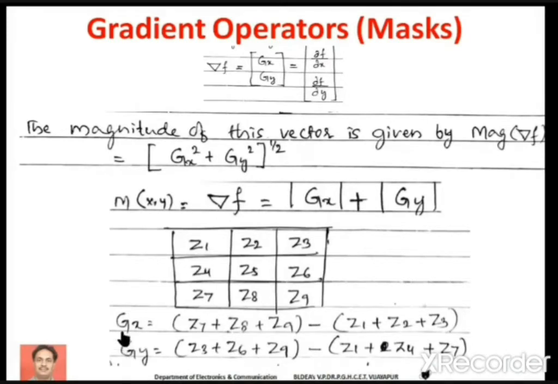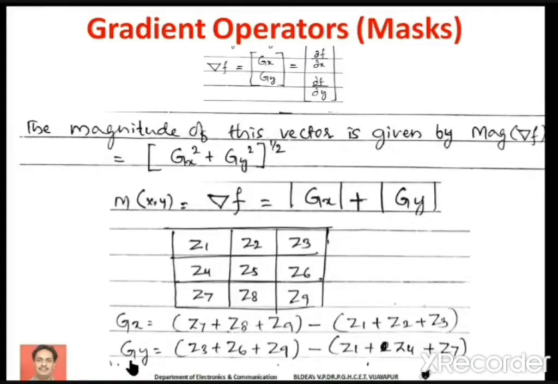So I can write gx as z7 plus z8 plus z9, the third row values, in brackets, minus z1 plus z2 plus z3. Please try to understand: the gradient along x direction is the difference of the first and third row pixel values. Similarly, the gradient along y direction is the difference between the first and third column.